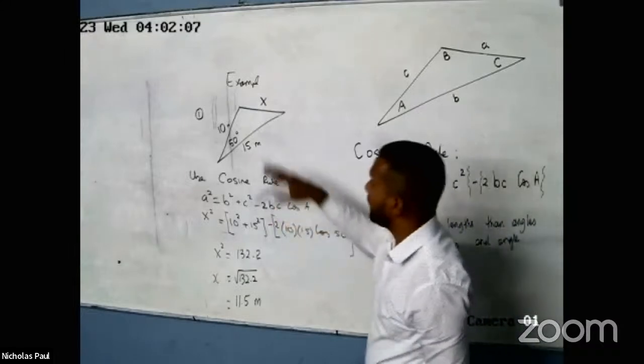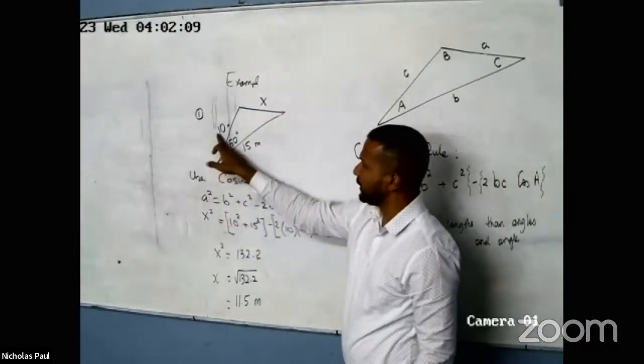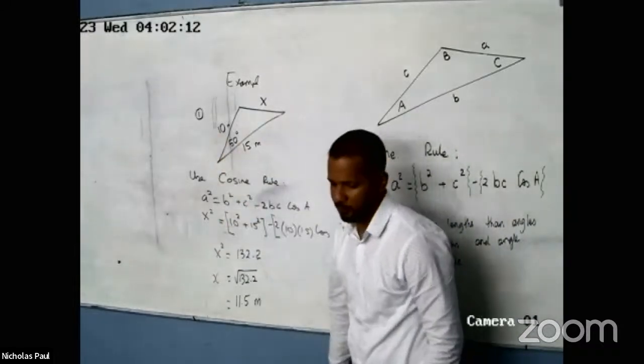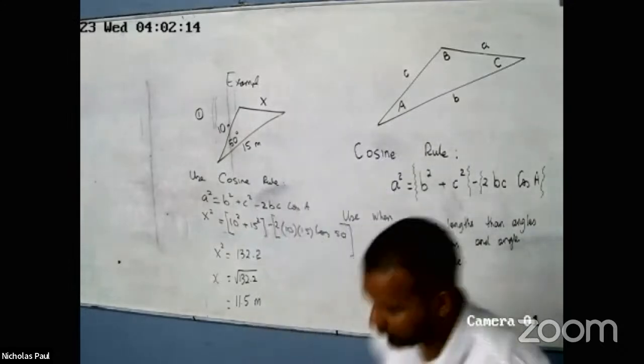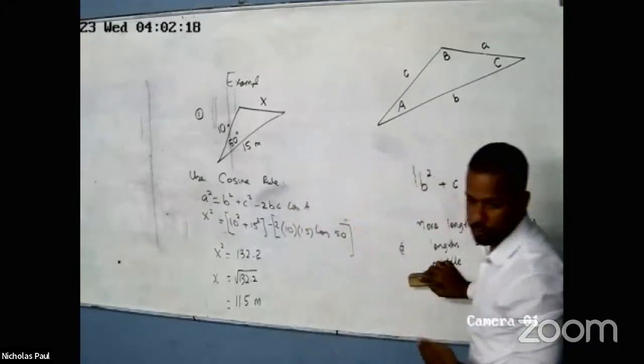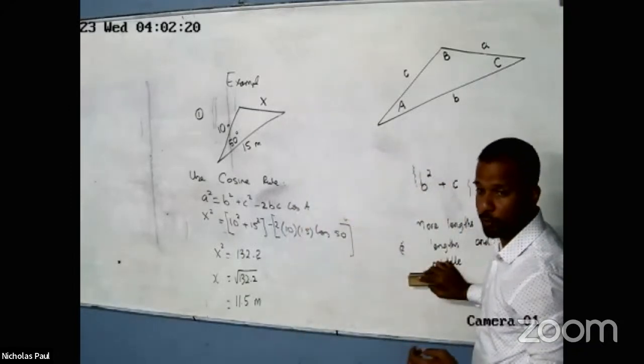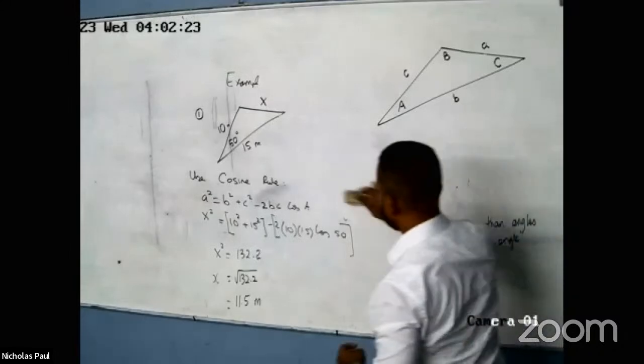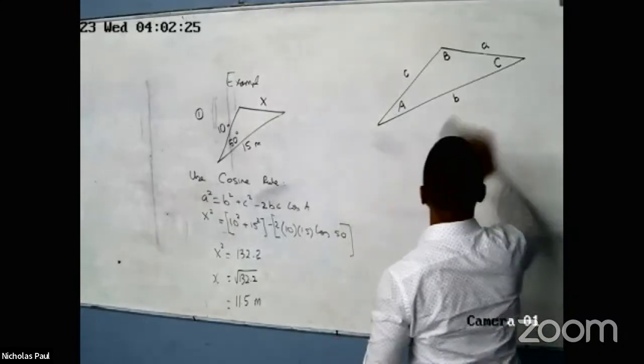So again, x squared is equal to this squared plus this squared minus 2 by these by cosine A, right? I'll give you one to try. Of course, it's easy now, you know which rule, right? The problem with these questions sometimes is I don't know which rule to use. So it should be kind of easy now.